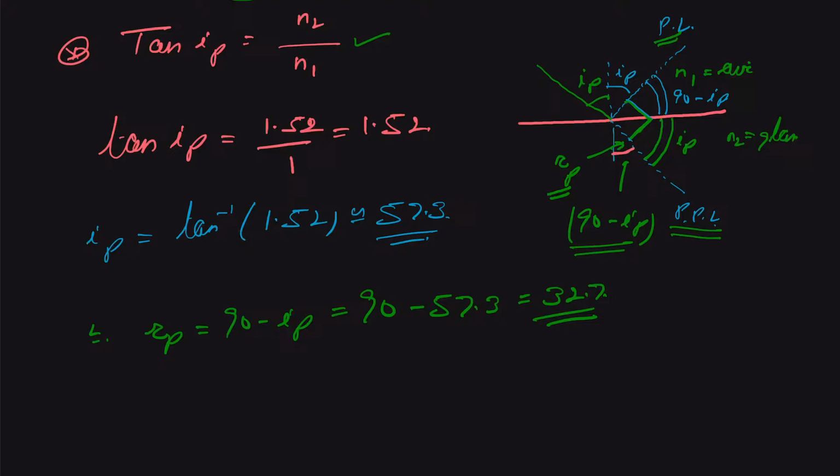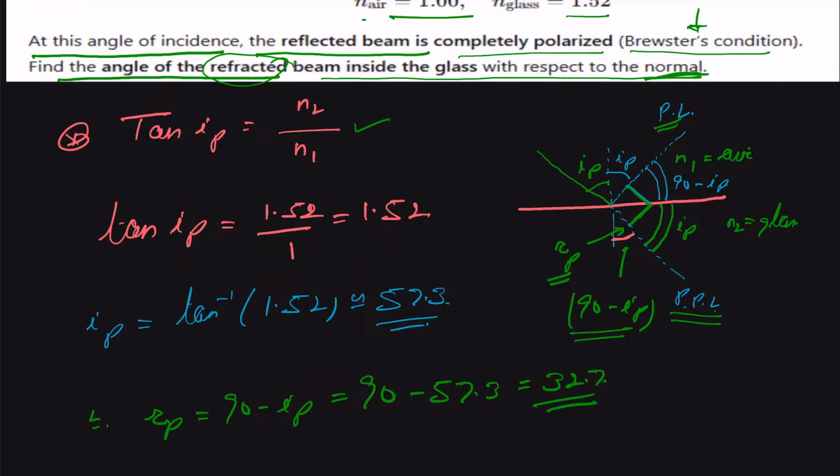The only thing is that for the Brewster condition, it says that this ray is completely polarized and this refracted ray is partially polarized, and the angle between them will always be 90 degrees. This is our Brewster condition. If this condition is maintained, the tangent of IP is equal to this. Next question.